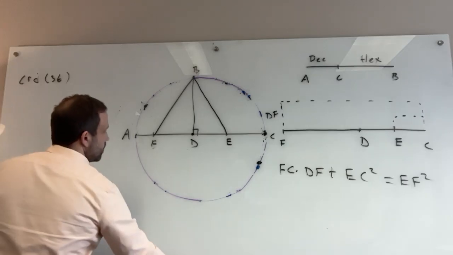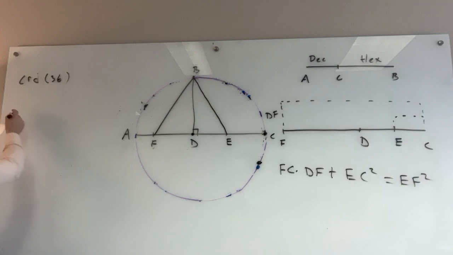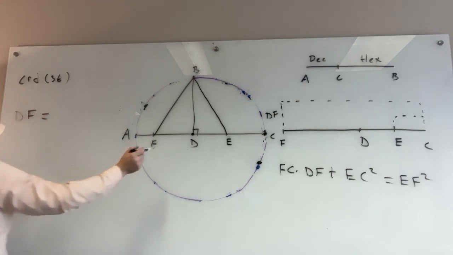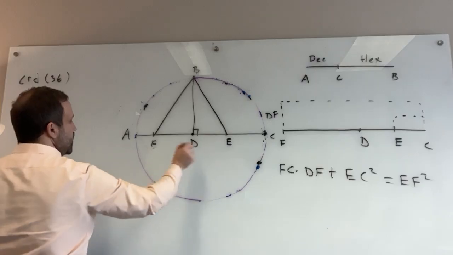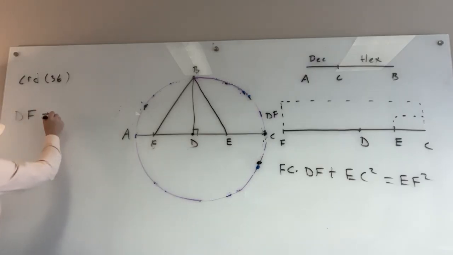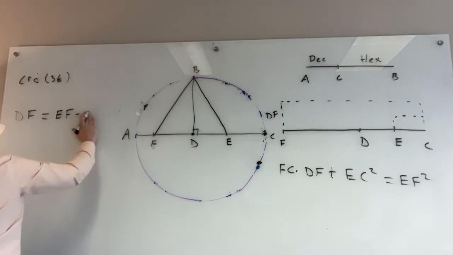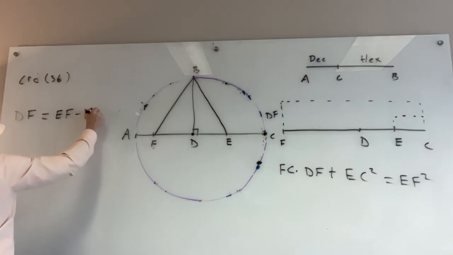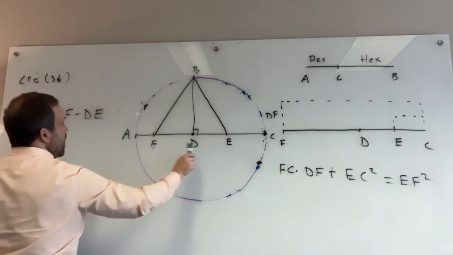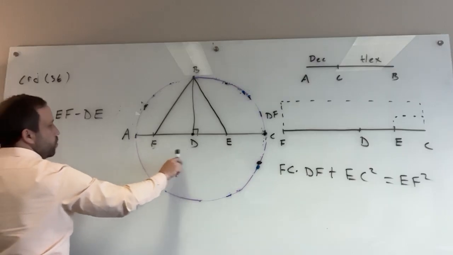So DF is equal to EF minus DE, to keep the notation.